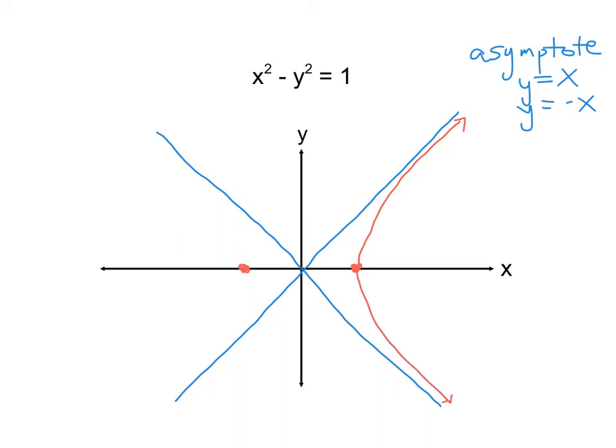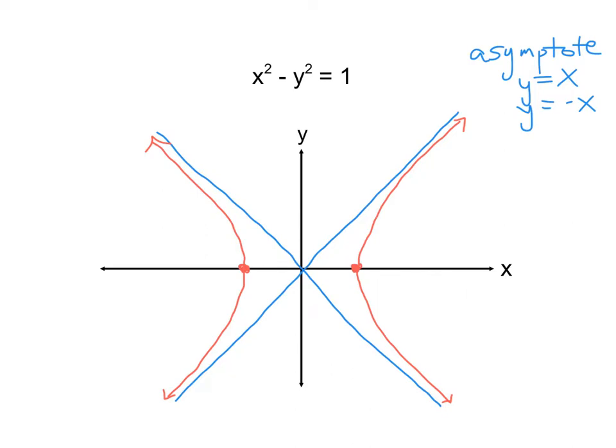If you want to understand why this makes sense with the equation, imagine numbers that make this equation true, for example, x equals 10. If x was 10, 10 squared would equal 100, and y would need to be either the square root of 99 or negative square root of 99 in order for x squared minus y squared to equal 1.